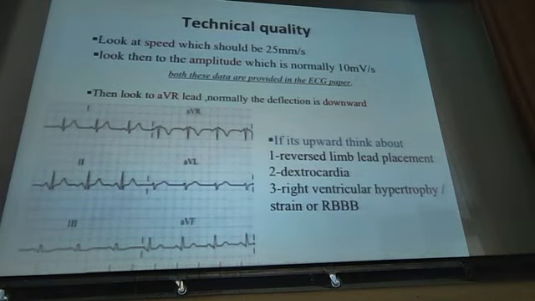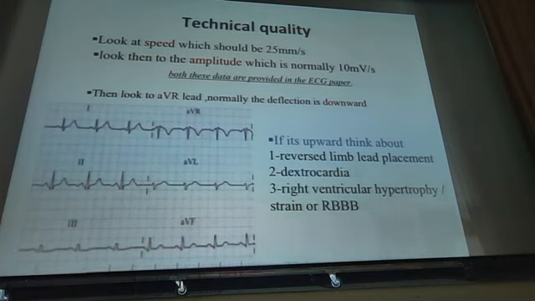If the voltage is not good, it will give you false amplitude. The voltage can be high or low. And the speed, what will happen? It could falsely give you tachycardia or bradycardia or different segments, because you depend on these two things in reading ECG: the voltage and the duration.